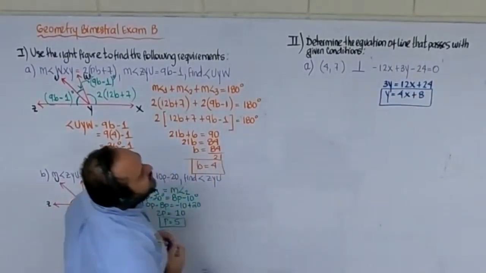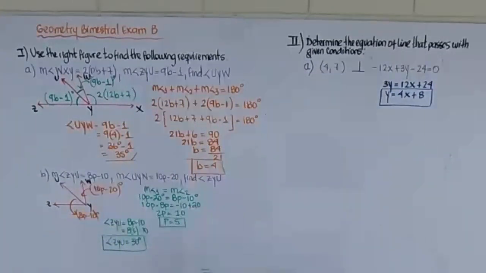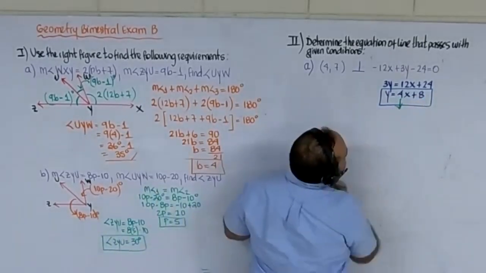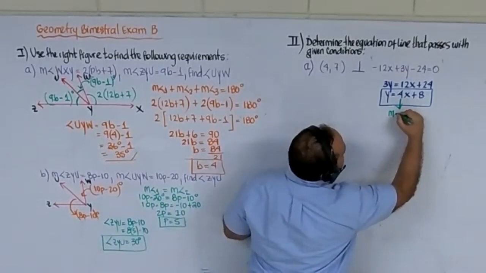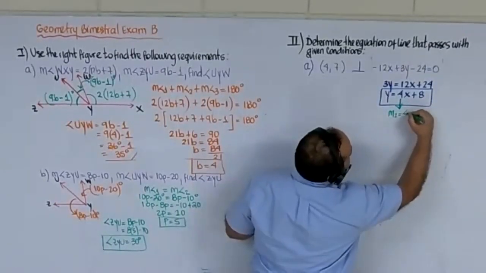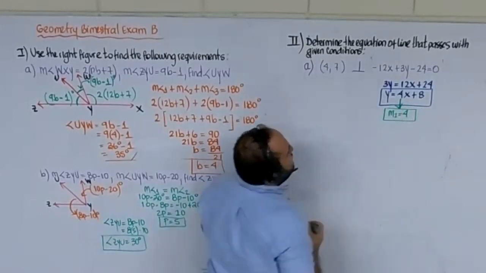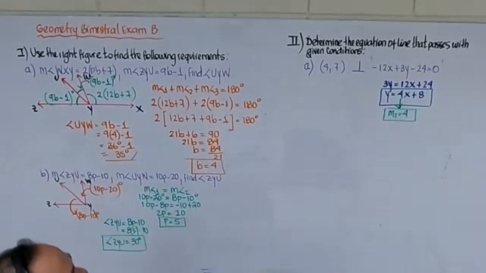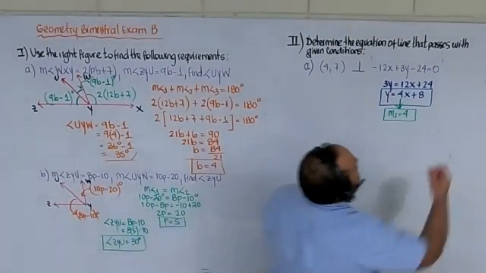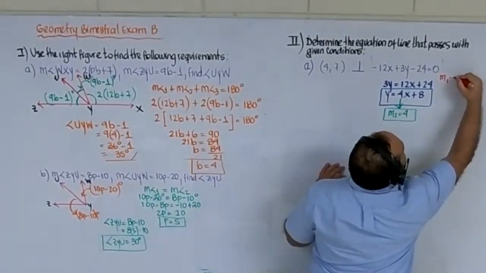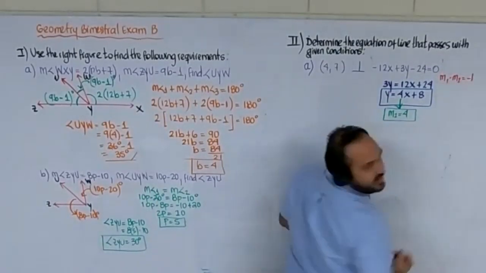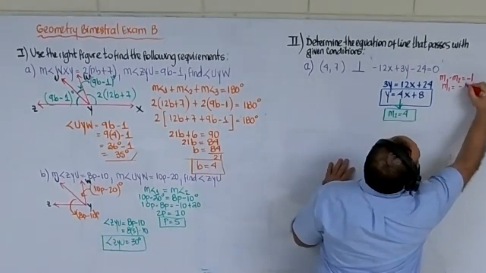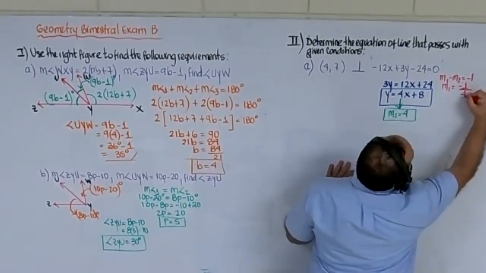Why is it so important to write the equation in slope-intercept form? Because the number multiplying the letter x always represents the slope. So the slope of line 2 is 4. Now, by definition, the product of their slopes, m1 times m2, equals negative 1. So m1 equals negative 1 over m2, and m2 is 4.